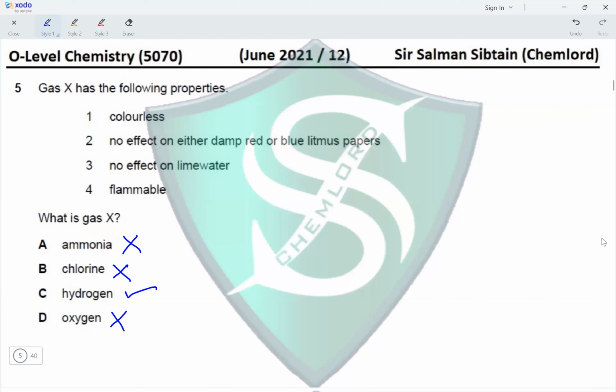If you use a glowing splint and hydrogen is exposed, you get a pop sound. That pop sound is basically hydrogen burning in the presence of oxygen. And if oxygen is present, it relights a glowing splint. It does not give a pop sound, so it does not burn. So based on this, the correct option for this question is option C.